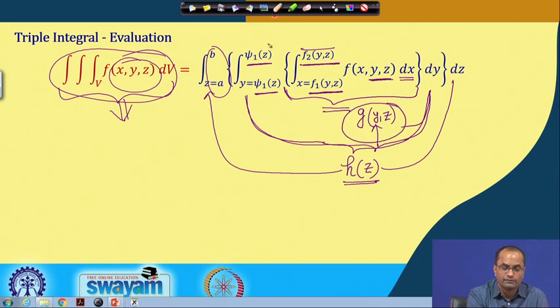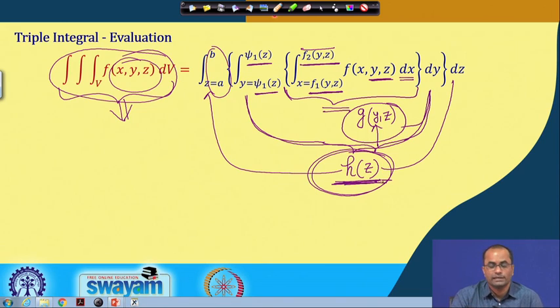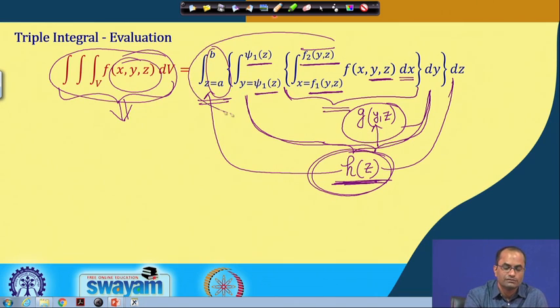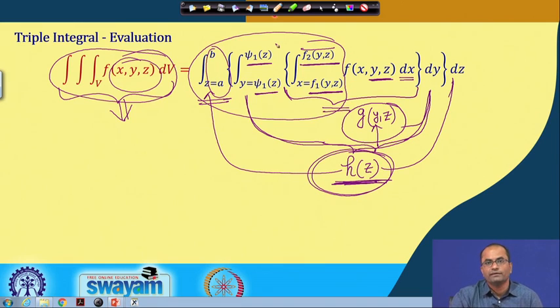Once we have evaluated the inner two integrals, getting a function of z, we now integrate with respect to z. So, for the outer integral the limits must be constant.